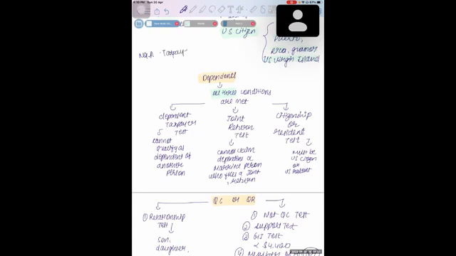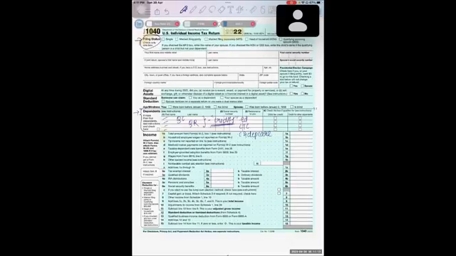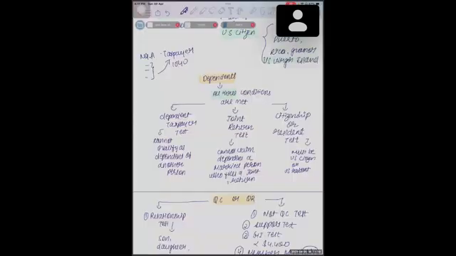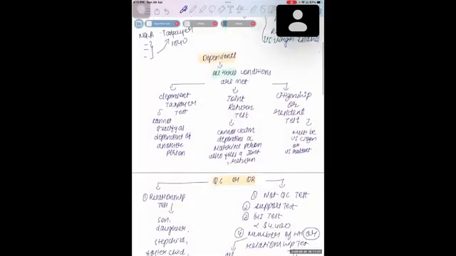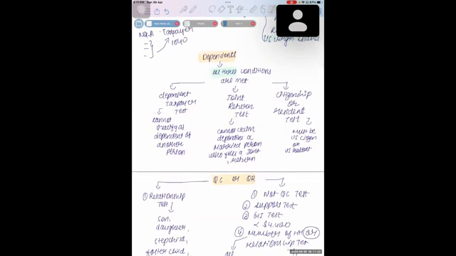Now he has two children and one parent also, so he can claim all these three persons on his 1040 return under this dependent section. Both the children he can claim here, and the parent also. But what are the conditions? The dependent should meet all three conditions which are mentioned here.